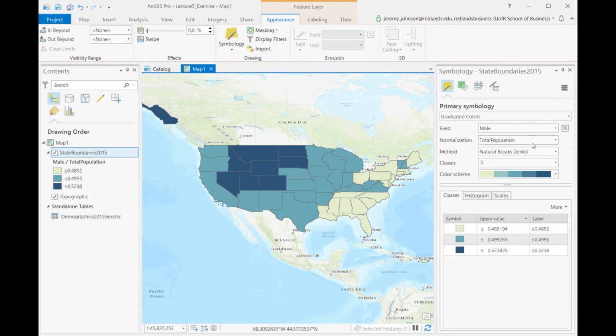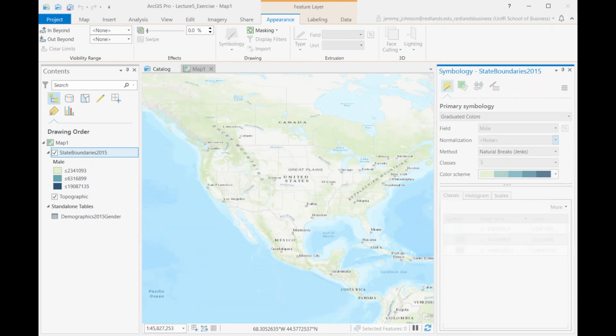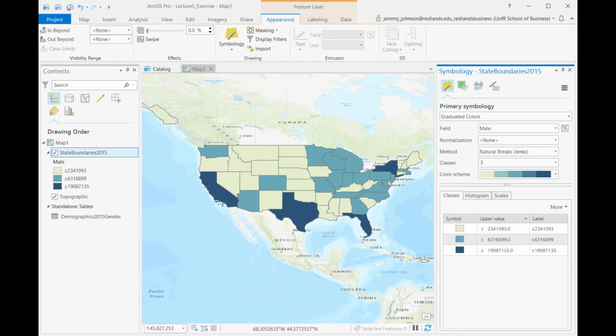So in this particular case, if I wanted to look at the raw numbers, because I need to sell units, I need to gain a certain number of customers, then I'm going to remove the normalization and I'm going to look for those high values. Now, interestingly enough, we see that those areas here in the middle that were high percentage of male actually are low population values. So there's an interesting inverse relationship.